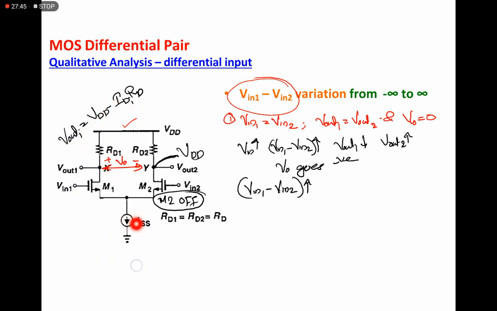When Vin1 minus Vin2 is such that M1 is fully saturated and M2 is off, then Vout1 is VDD minus ID1 RD, where ID1 becomes ISS because I2 is 0. So VDD minus ISS into RD, and the difference we will get, the output is minus ISS into RD. This one is shown here, right?